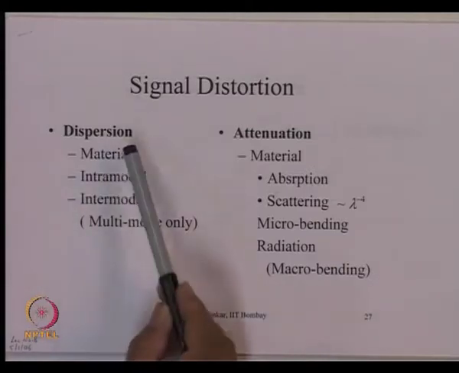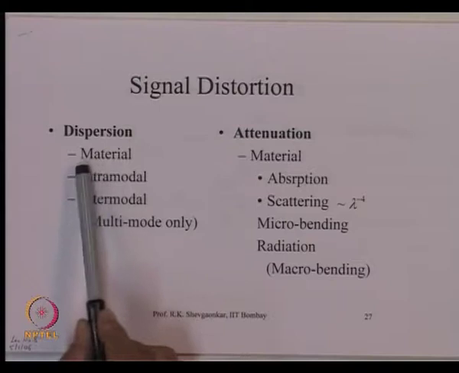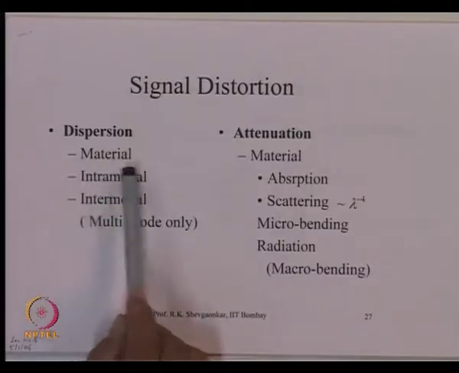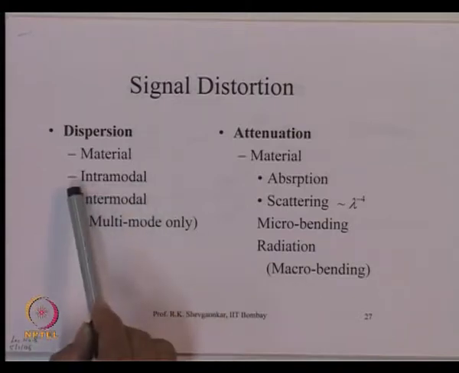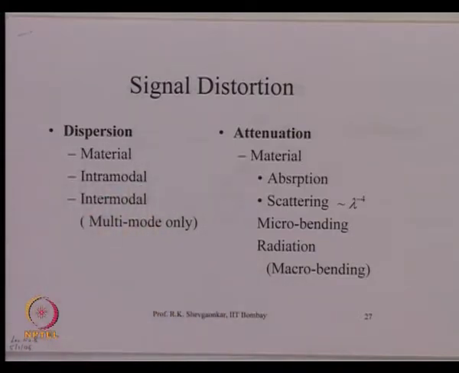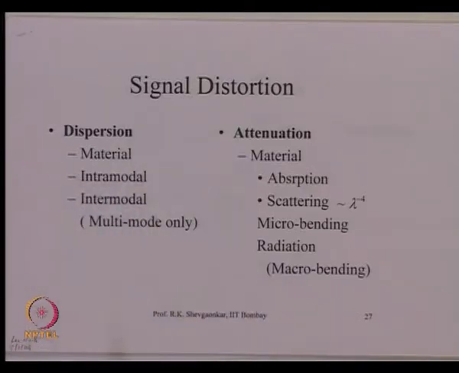Then we saw that dispersion could be due to various reasons. It could be intrinsically because of the material properties, we call that the material dispersion, or it could be because of the modal nature of propagation inside the optical fiber, that we call the intramodal dispersion.